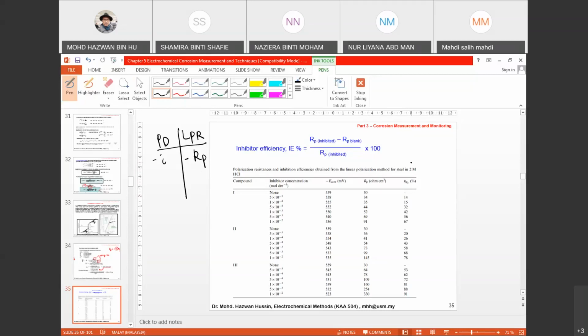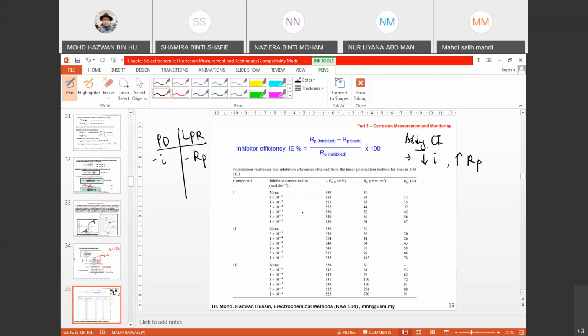So what would be the logic if you add corrosion inhibitor? Adding corrosion inhibitor will give certain effects. The first one, you will get a trend where a lower current density will be produced. Lower current actually will produce higher polarization resistance.